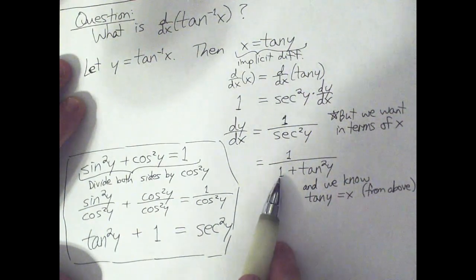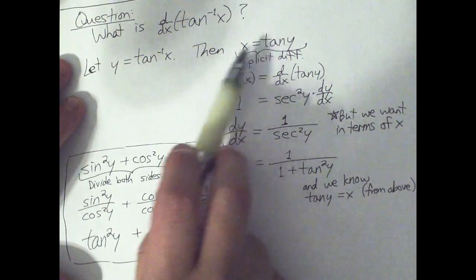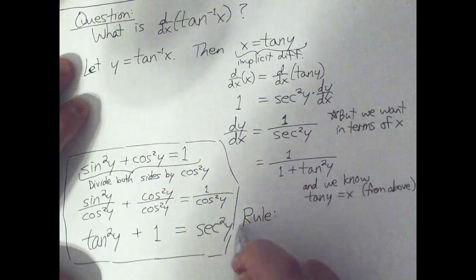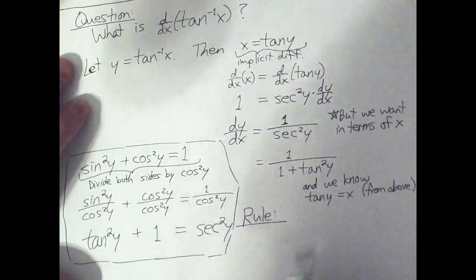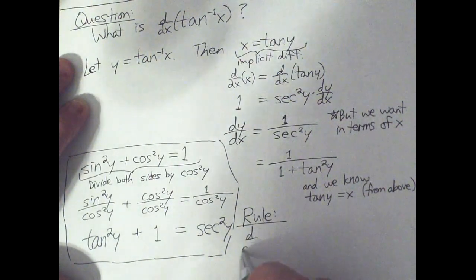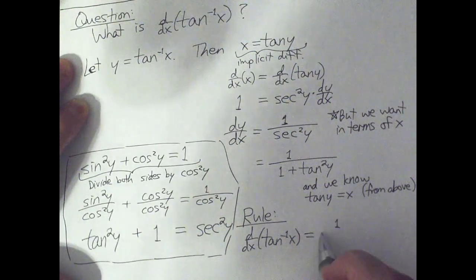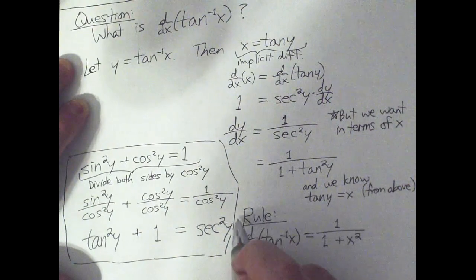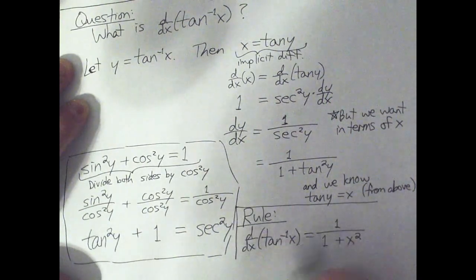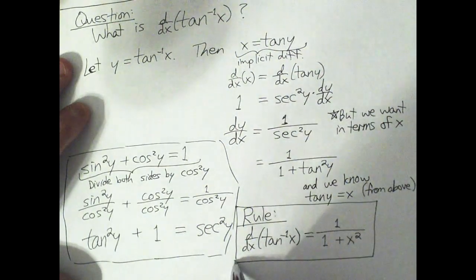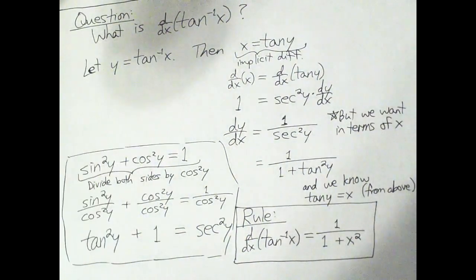So what is this going to look like if I replace tangent y with x? The result that we get is the derivative of inverse tangent of x equals 1 over 1 plus x squared. Pretty cool rule. That one doesn't have any square roots in the answer.